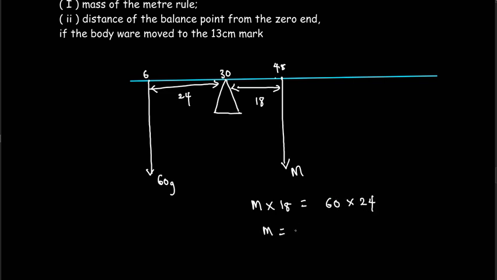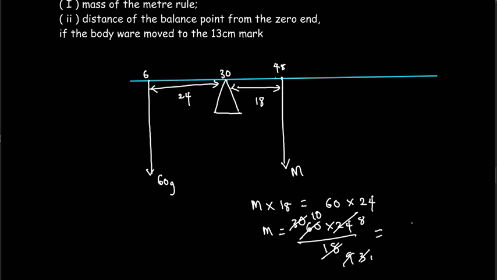Then make M the subject, divide both sides by 18. You're going to have 60 times 24 over 18. And we can simplify by dividing by 2 until we reach a simple form. 3 can go into 9, we have 3. 3 can go into 30, we're going to have 10 left. 3 into 3, 1. 3 can go into 24, we're going to have 8, because 8 times 3 is 24.